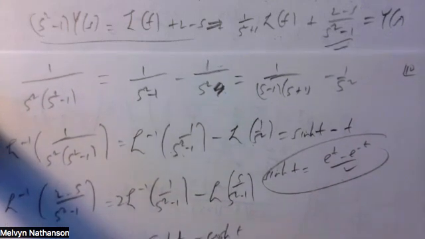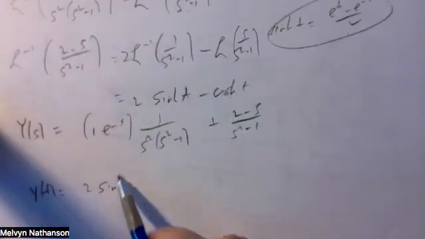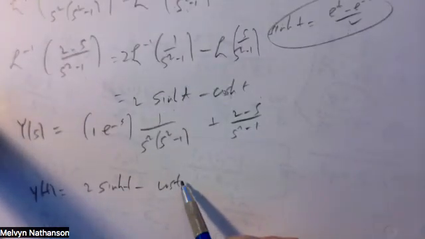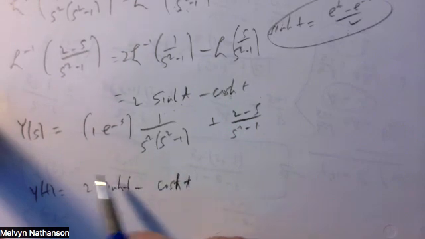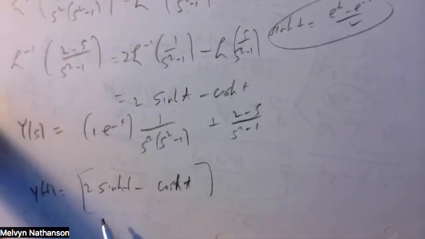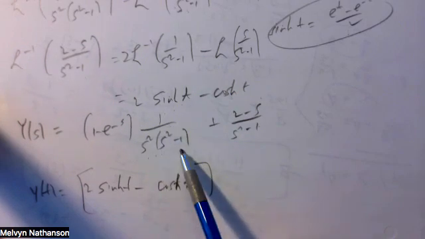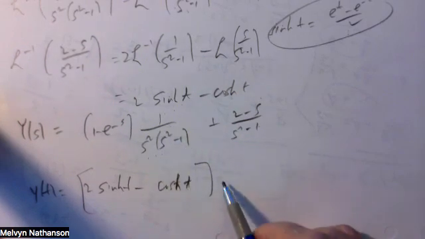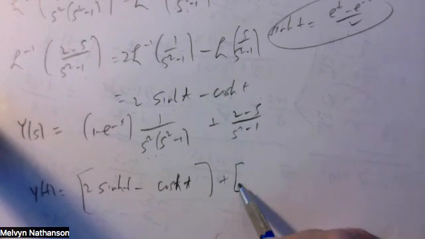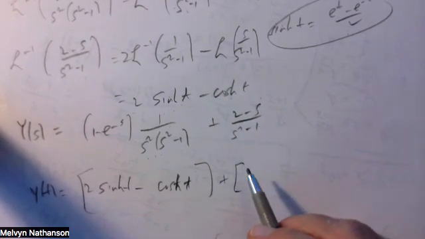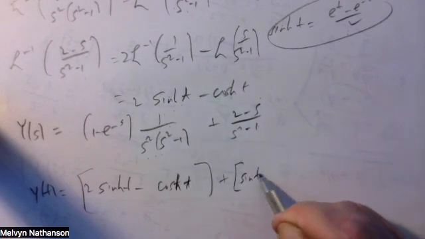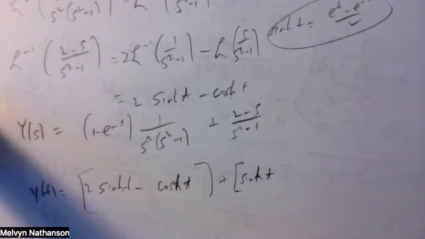So y of t, for 2 minus s over s squared minus 1, that's 2 times the hyperbolic sine sinh t minus cosh t, plus the inverse Laplace transform of 1 over s squared times s squared minus 1, which is sinh t minus t.